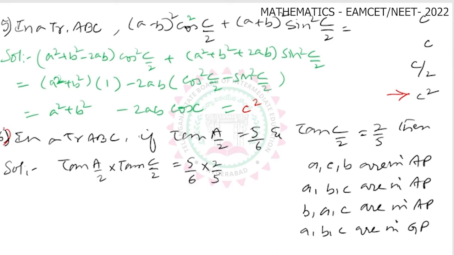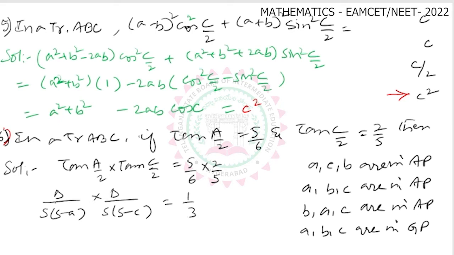Right? So, what is the value of tan A by 2? That is delta by S into S minus C... what is tan C by 2? Delta by S into S minus C. Here 5 cancels, and 2 into 6, that is 1 by 3.